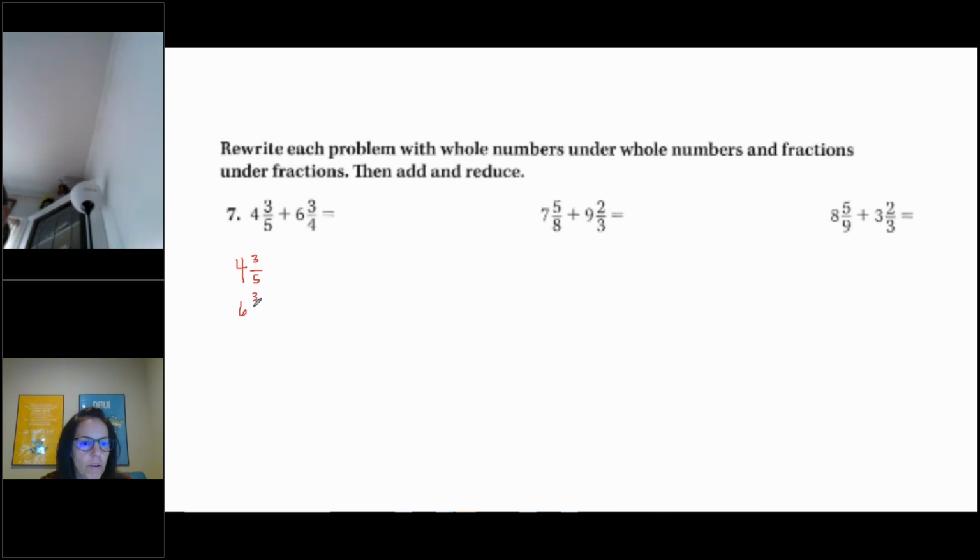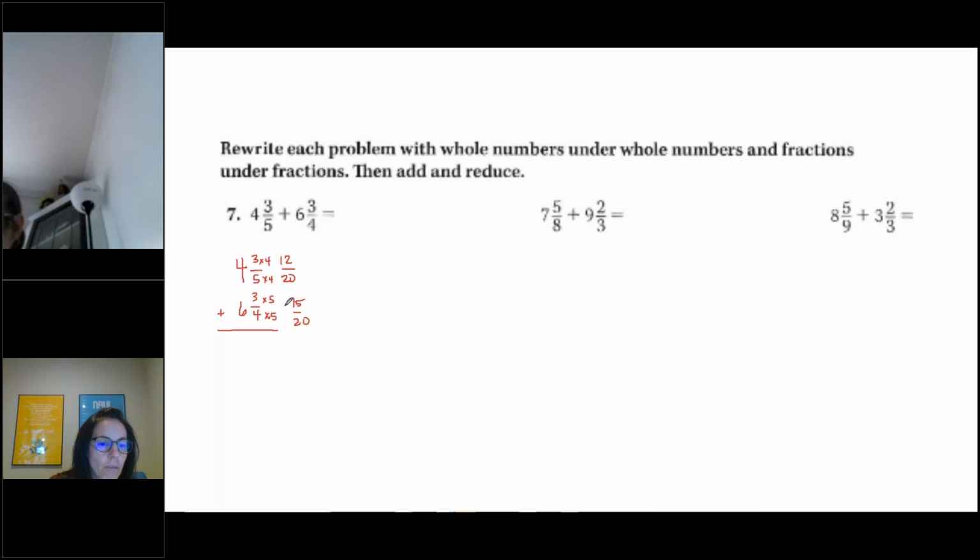6 3/4. Okay, so the first thing you're going to do is just pretend that we're only working with the 3/5 and the 3/4. And our common denominator would be 20. I'm going to multiply the top and the bottom of the first one by 4. This one down here, I'll multiply the top and the bottom by 5.